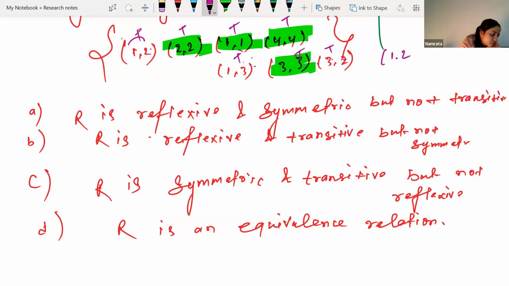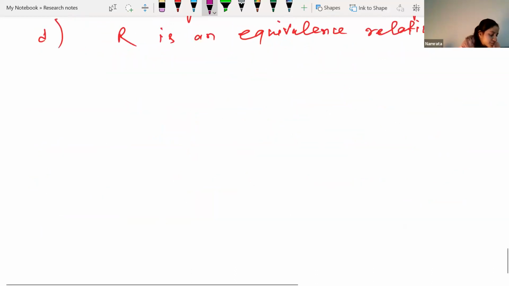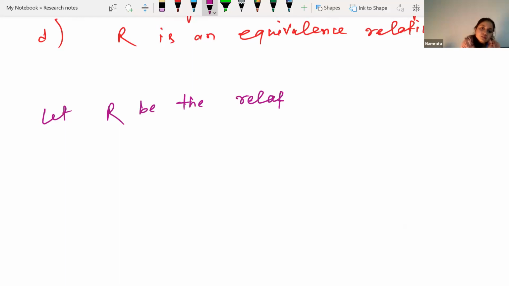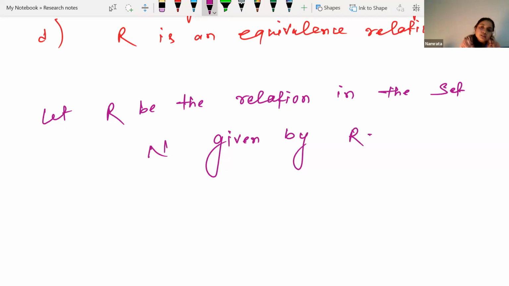Let's move ahead and take a few more questions. Suppose we have the question: let R be the relation in the set N given by R is equal to the set of ordered pairs (A, B) such that A is equal to B minus 2, and also there is one more condition that B must be greater than 6.